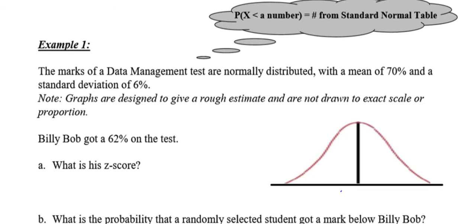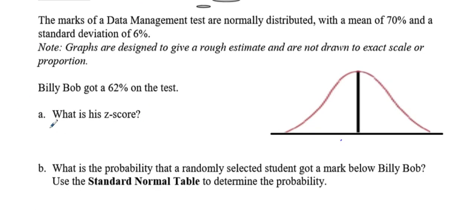If Billy Bob got a 62% on his test, then what is his z-score? We're going to write the z-score of 62 is the data, which is 62, subtract the mean, which is 70, and divide it by the standard deviation, which is 6.